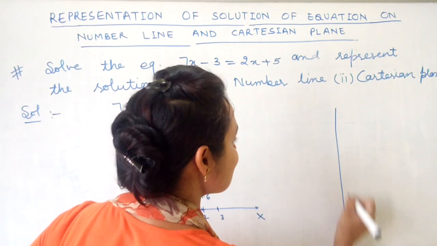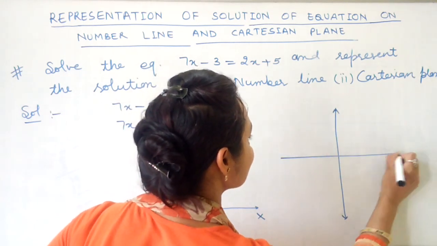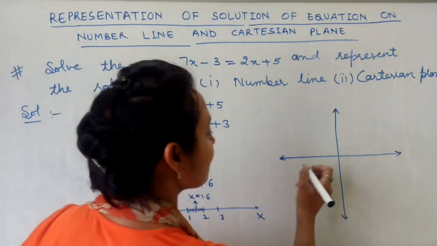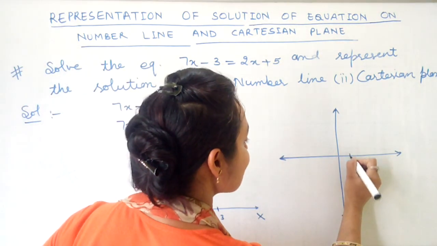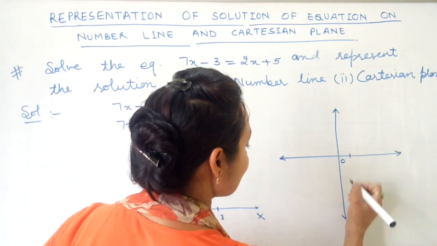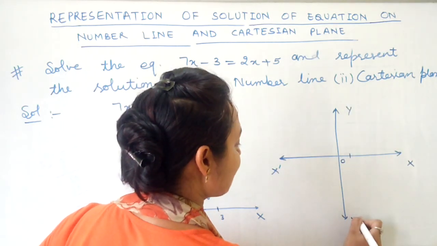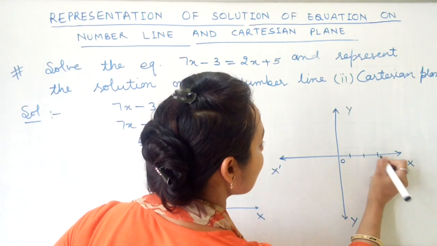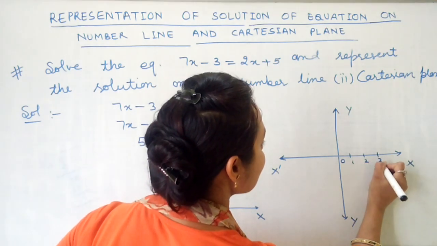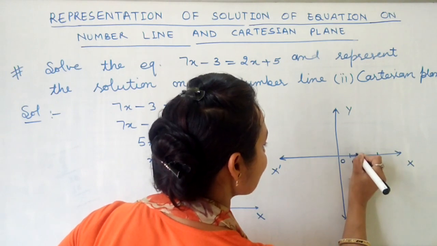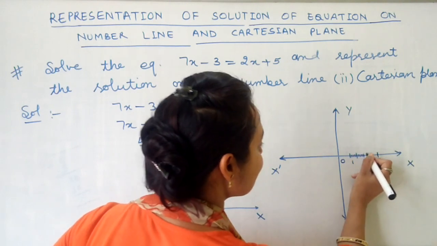Now come to the Cartesian plane. Come to the 1.6, that is 1. This is the origin, x, x dash, y, y dash. Again 1, 2, 3 and so on. On the graph paper there are 1, 2, 3, 4, then 5, 6, 7, 8, 9 and 10.